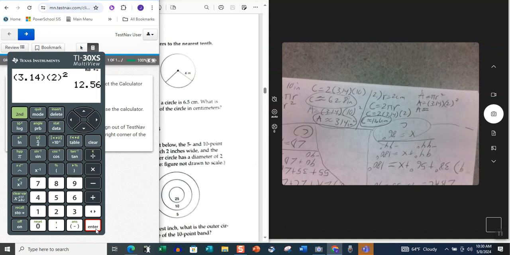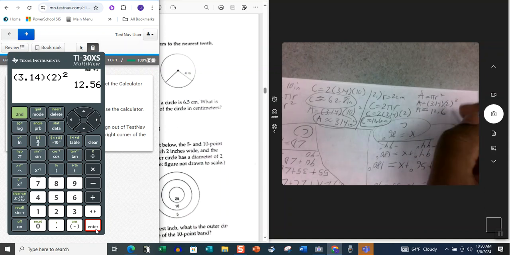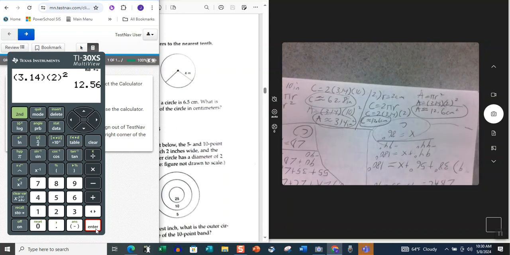So it's 12.56, approximately 12.6, and that'll be centimeters squared, or square centimeters. So our circumference is 12.6 centimeters, and our area is approximately 12.6 square centimeters.